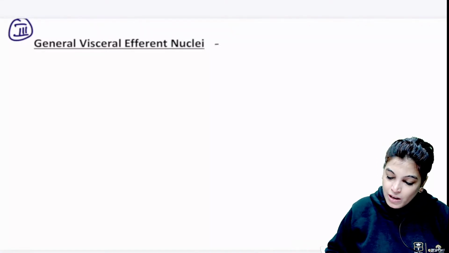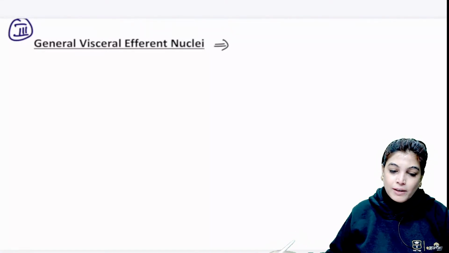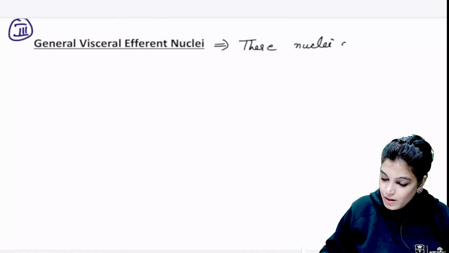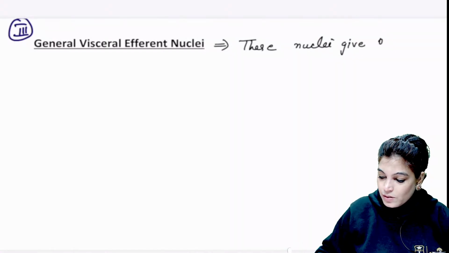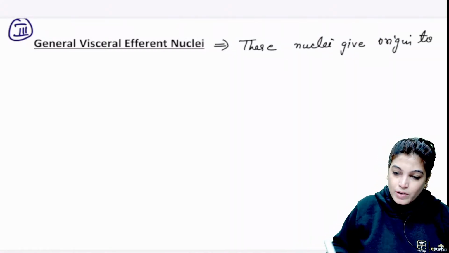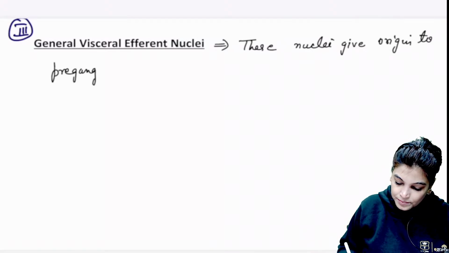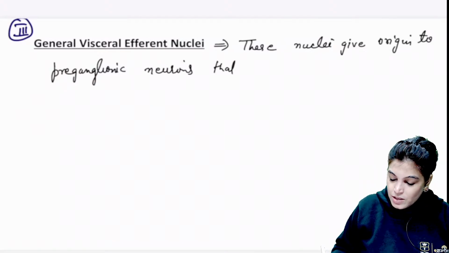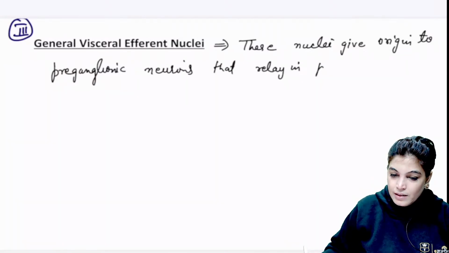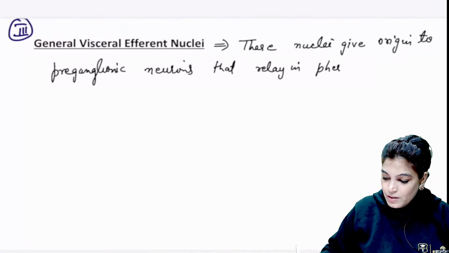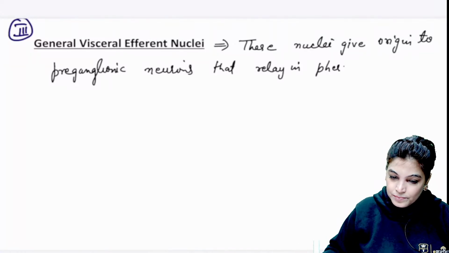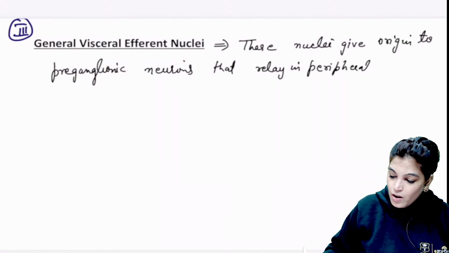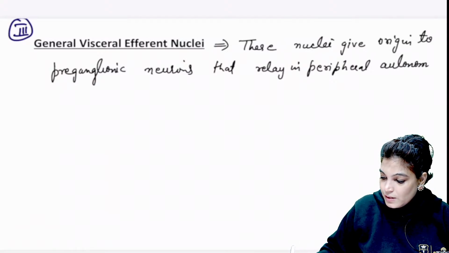So if I am talking about the overall function of this functional column, these nuclei give origin to preganglionic neurons that relay in peripheral autonomic ganglia.